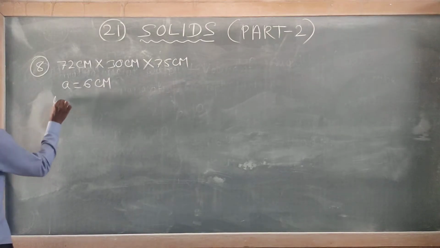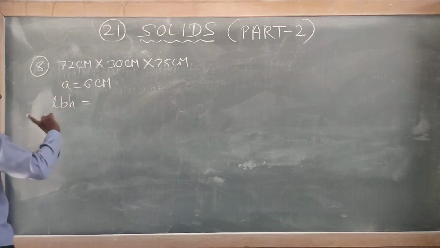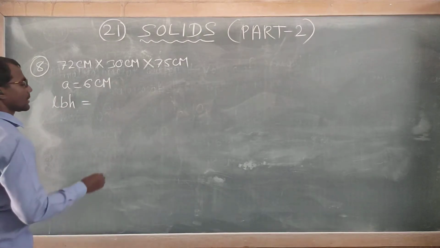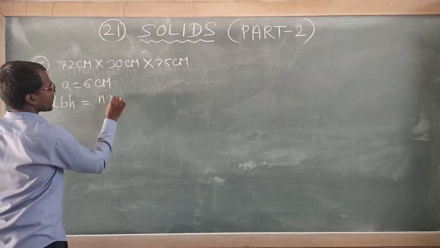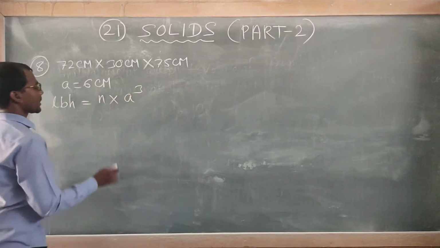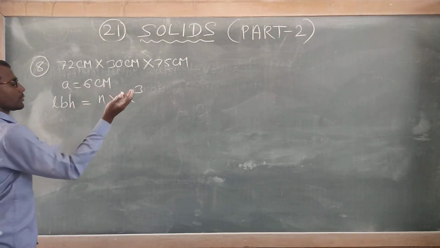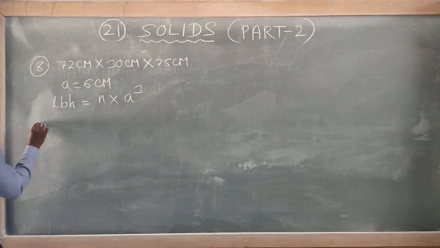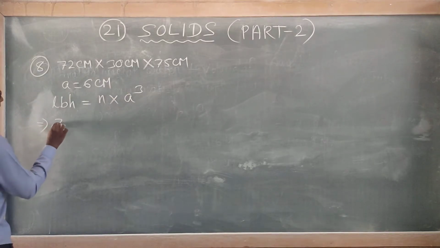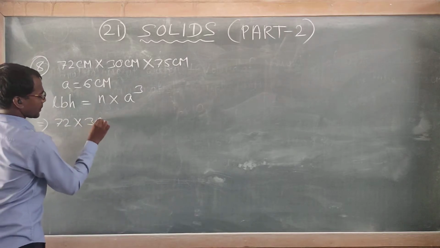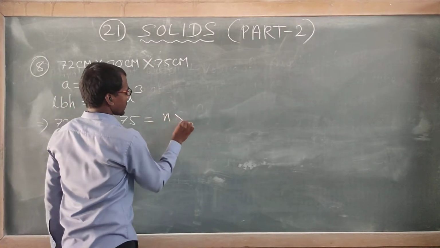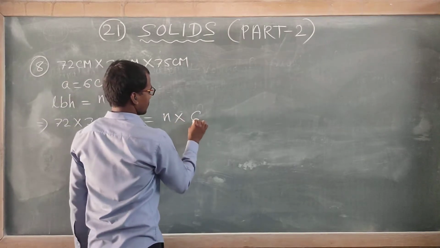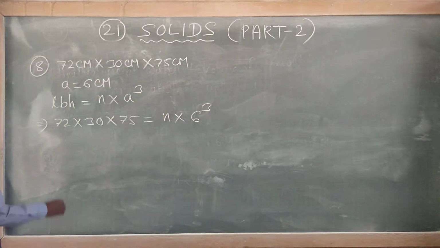So LBH, the volume of the cuboid, will remain the same even if it is formed into different cubes, is equal to n into a cube. N means number of cubes, a cube is the volume of each cube.